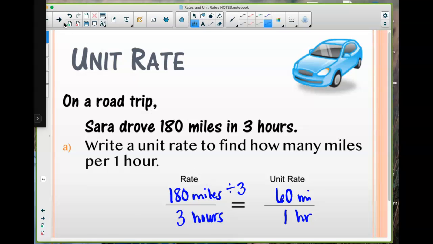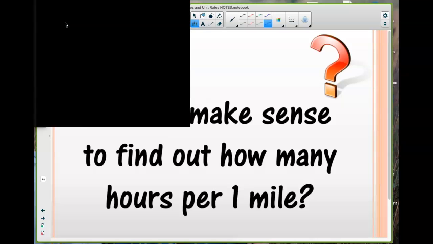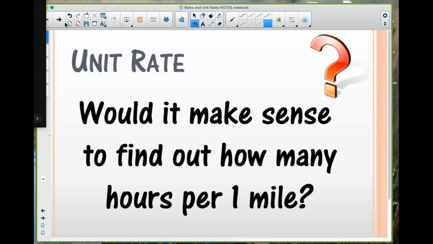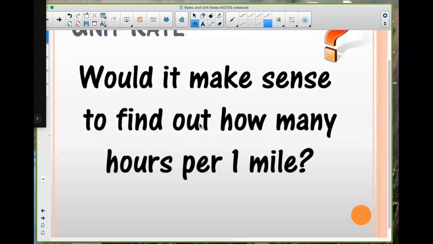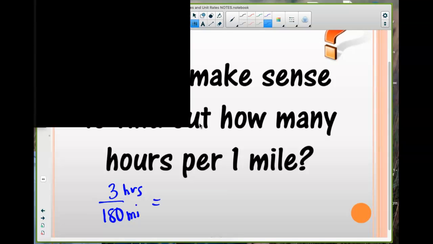Okay, would it make sense, what do you think, to find out how many hours it takes to drive a mile? Would that make sense to find the unit rate in the opposite direction? Hours per mile. Okay, if we were going to find hours per mile, that means we would put 3 over 180 because it's 3 hours over 180 miles.